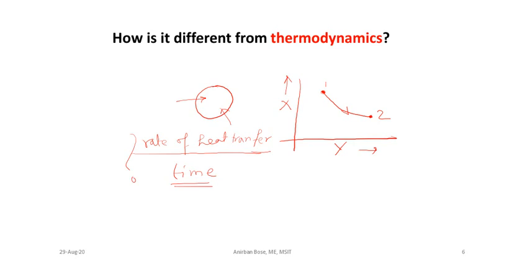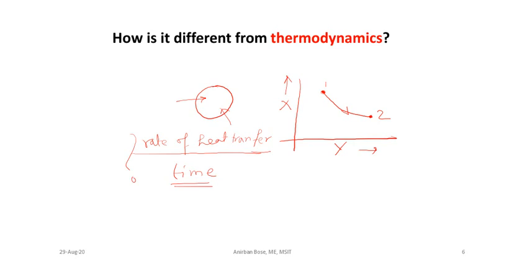Rather, in thermodynamics we basically deal with the equilibrium states, and you remember that when heat transfer takes place, it's no longer an equilibrium system because some kind of temperature difference has to be there, and that is why the heat interaction takes place. So somehow these questions in thermodynamics are not answered.